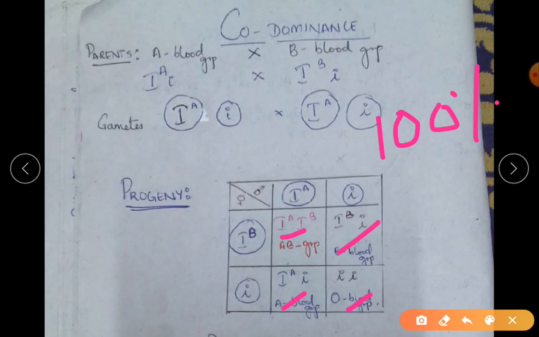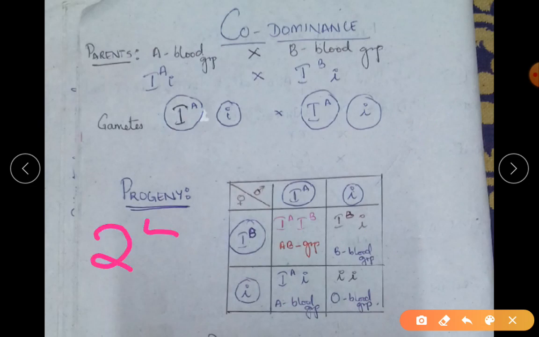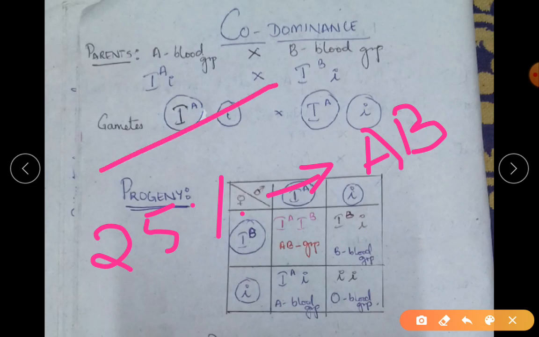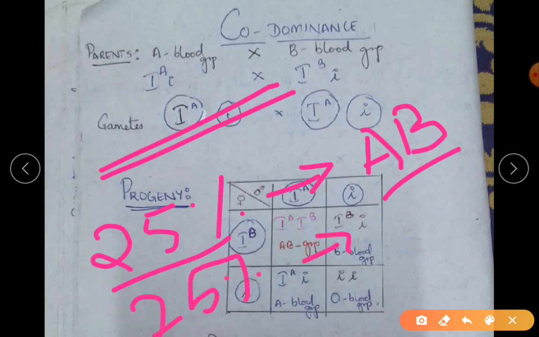So that's what we are saying. You have to divide that 100% among your progeny. So you can say the progeny will have 25% chances of AB blood group, 25% of A blood group, 25% of B blood group, and 25% of O blood group.